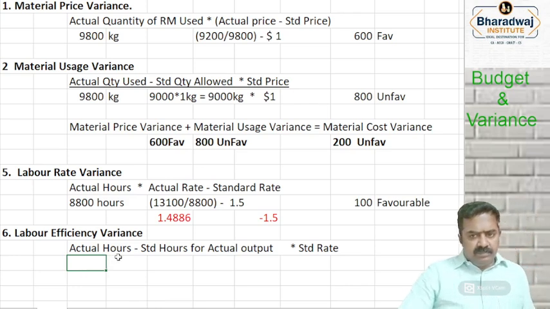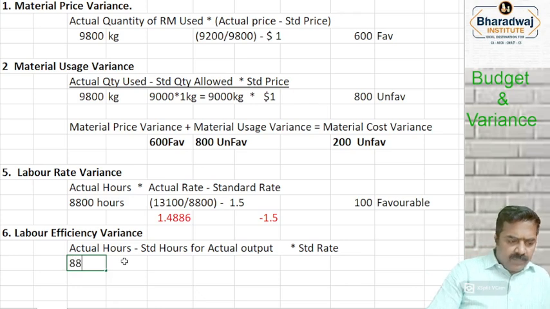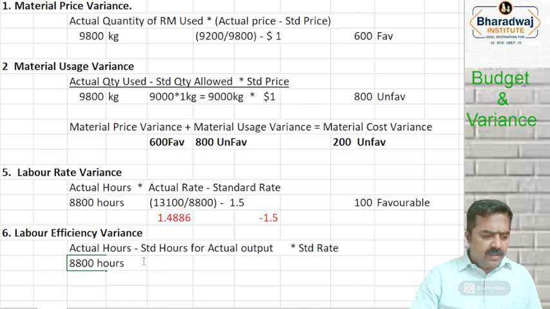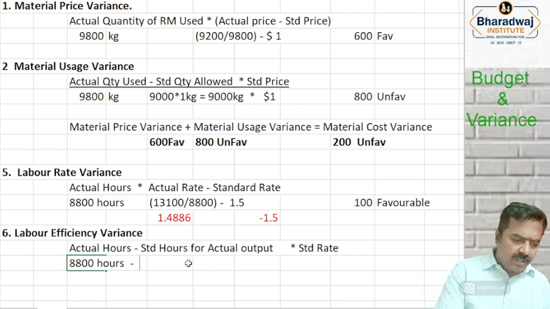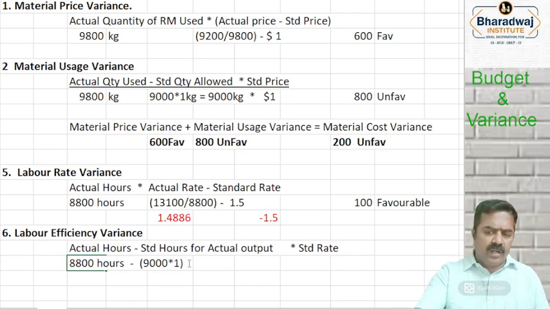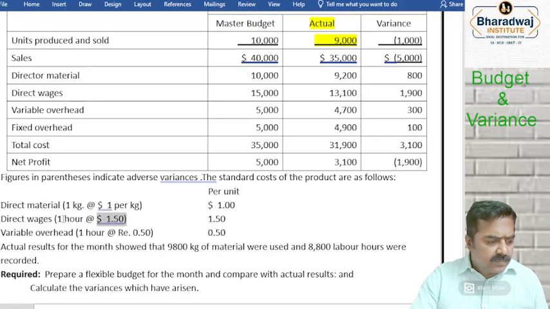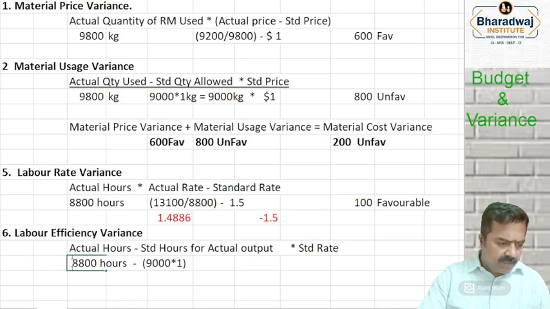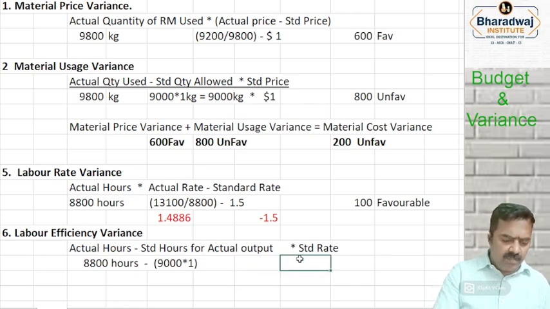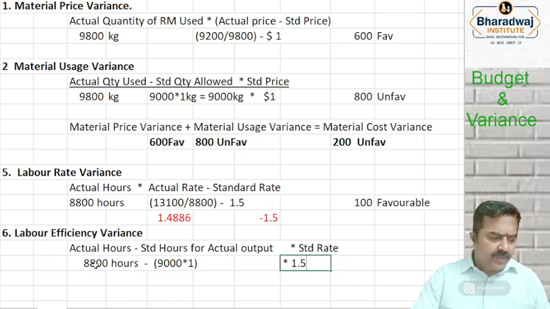Then actual hours, 8,800 hours, minus standard hours for actual output. Standard hours for actual output is 1 hour per unit, 9,000 into 1. That is multiplied with standard rate: actual hours minus standard hours for actual output into standard rate, 1.5.